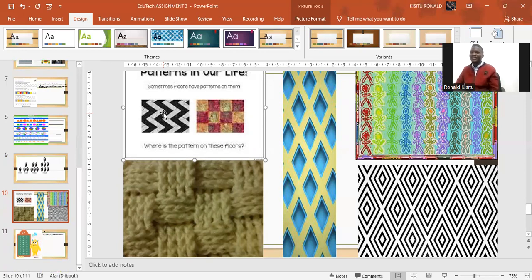Carpets. Tiles, there is this one which is orange, red, orange, red, orange, red. It is a sequence. So someone can get to know that sequences are arranged in some order from this to this.